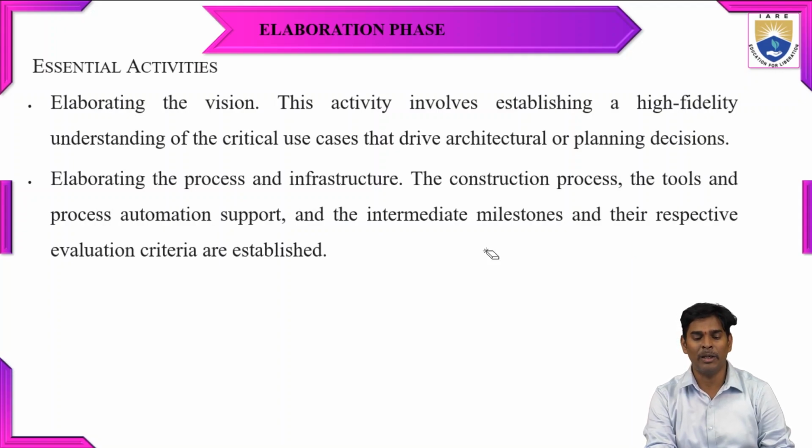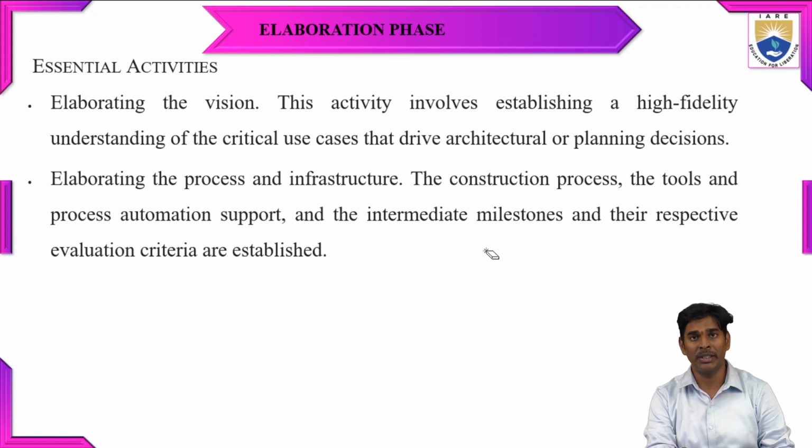The next one is elaborating the process and infrastructure. So they need to check that the process and the infrastructure are there. In the construction process, they need to take the tools and the process automation support. So for the tools and the techniques which you are using, the automation has to be supported. Why? Because automation is very important to minimize human intervention and provide more quality here.